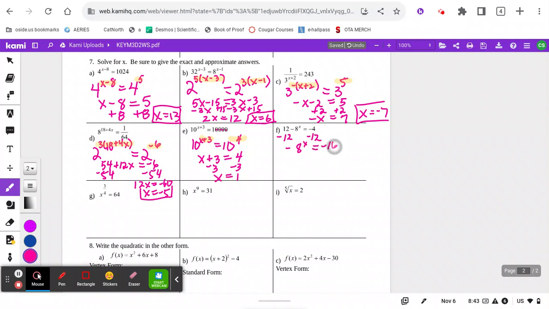And that makes negative 16. And then I need to divide by negative 1. So I get 8 to the x equals positive 16. Well, that can be rewritten as 2 to the 3x and 2 to the 4th. So 3x equals 4. So x equals 4/3.